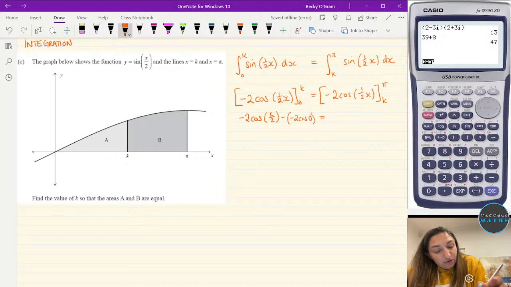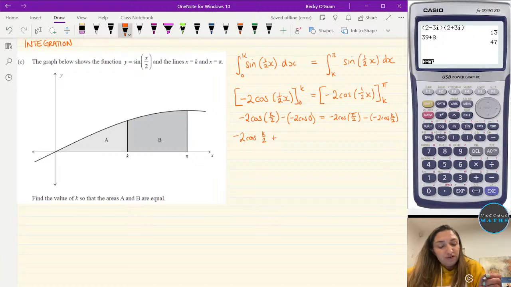And that is equal to, on the other side, we've got minus 2 cos of pi by 2, take away minus 2 cos of k by 2. Okay, let's tidy this up. So we've got minus 2 cos k by 2 plus 2 cos 0.